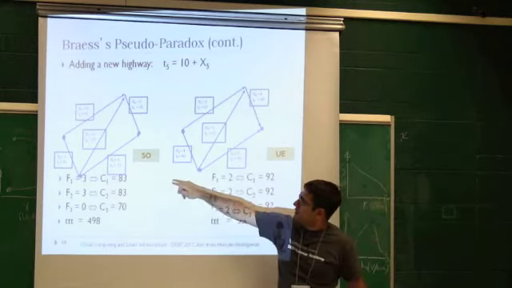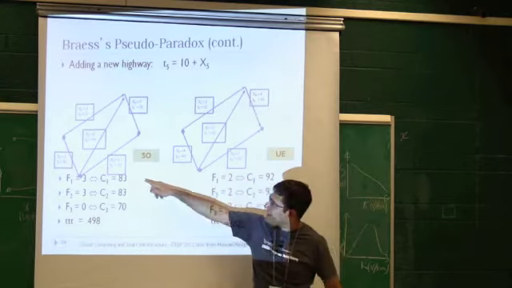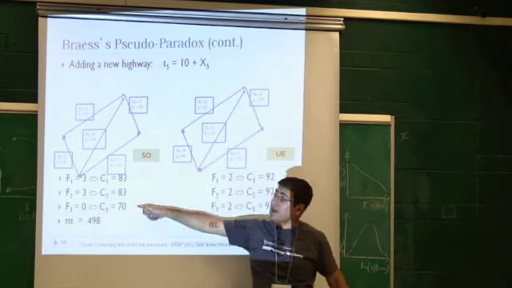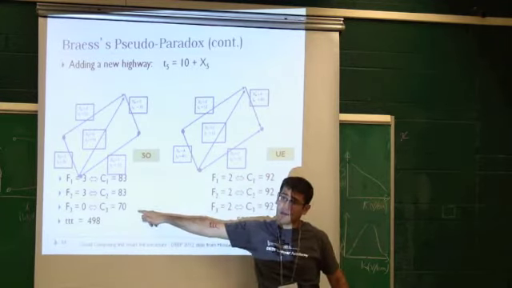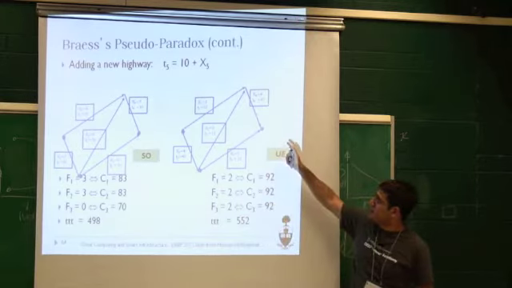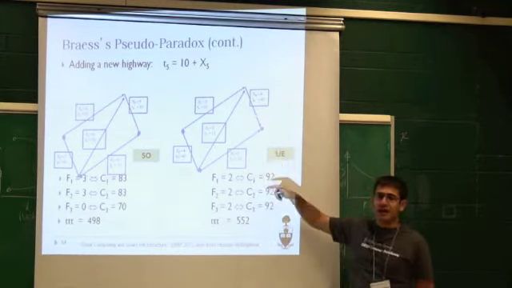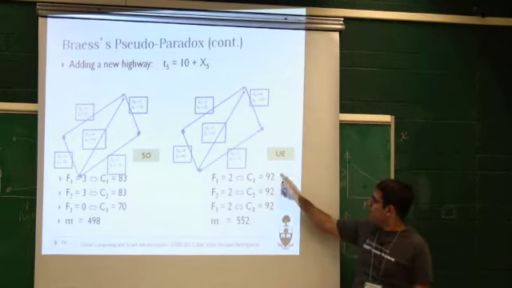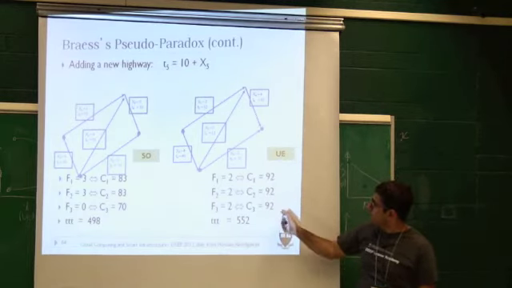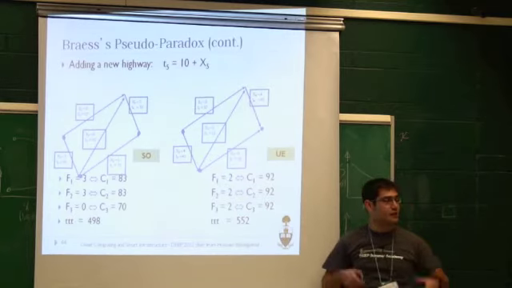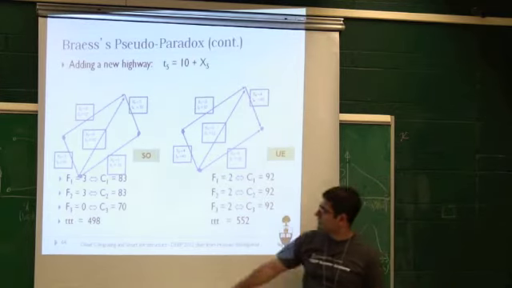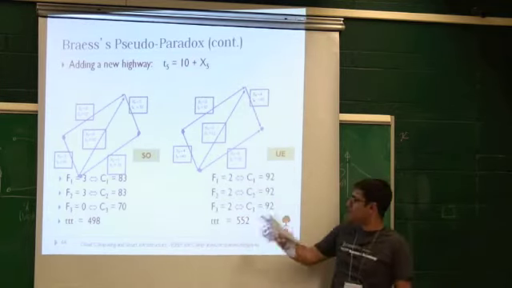There, the travel times are 83, 83, and this is 70, and this is not being used, although it's 70, right? What user equilibrium does, it equates the travel times. Because it equates the travel times and how the network has been arranged, you end up with a travel time of 92, 92, 92 on the 3 paths. And then when you calculate total travel time, here you end up with 498, here you end up with 552.